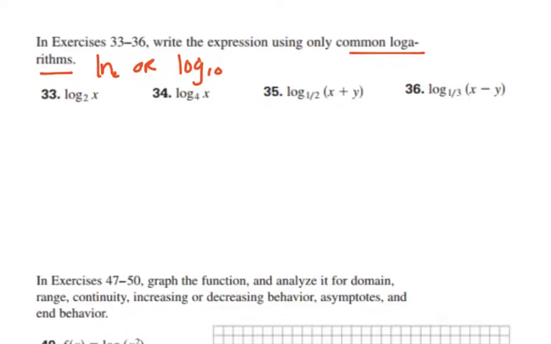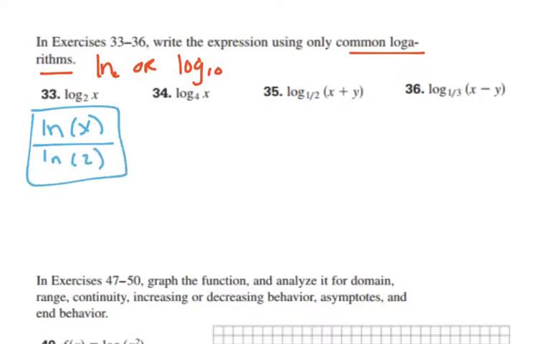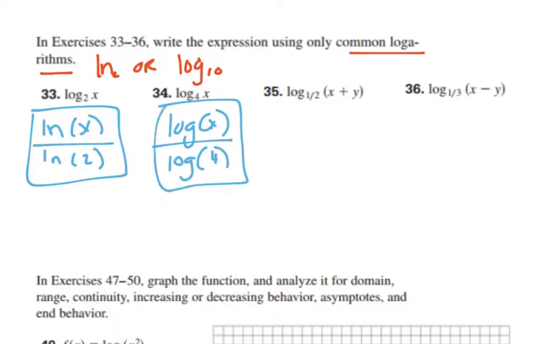So we are going to rewrite this first one, for instance, as referencing our last problems, natural log of x over natural log of 2, but you could also use log base 10. The next one I'll just switch to log base 10, sure. Remember the larger font goes on top and then the small font or the base goes on bottom. This next one I'll go ahead and use natural log.